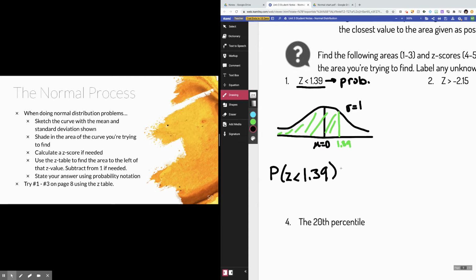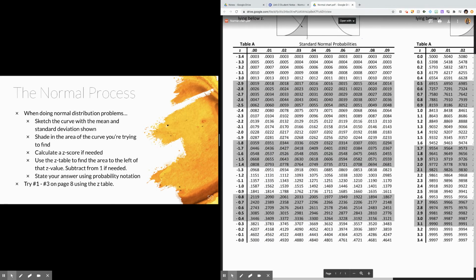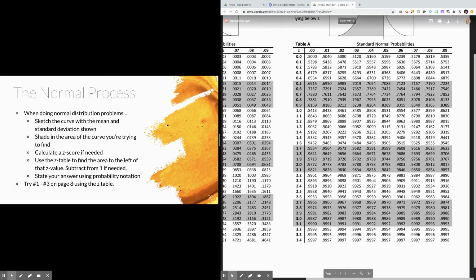So I'm going to use my z table and look for the probability associated with 1.39. I'm going to look for 1.3, which is right here, and I'm going to count over: 0, 1, 2, 3, 4, 5, 6, 7, 8, 9. So there's my probability, 0.9177.